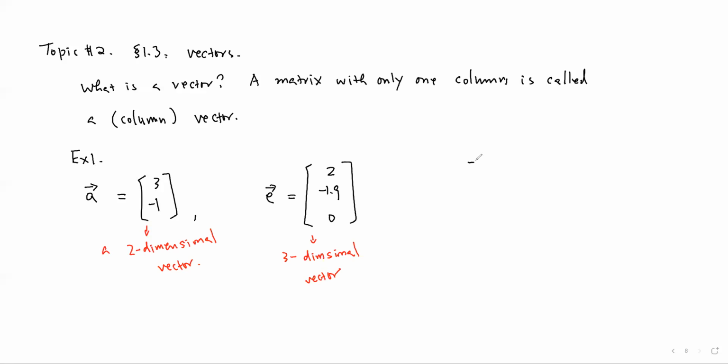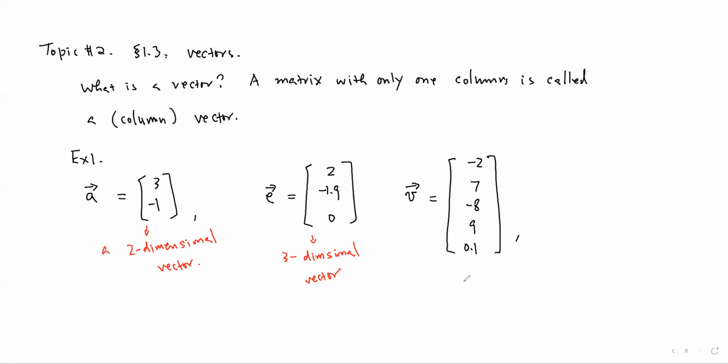This vector is a 5-dimensional vector. For example, with a different name, say vector V, with an arrow.